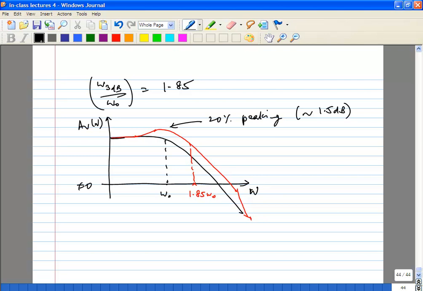So for no peaking, you can say at omega naught, at the old 3 dB bandwidth, it should still have the same response as at DC.